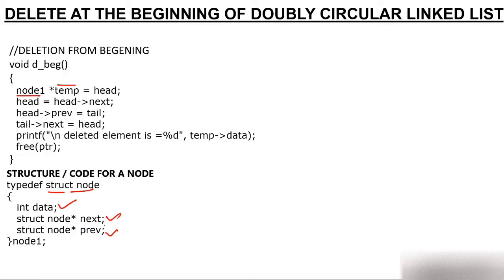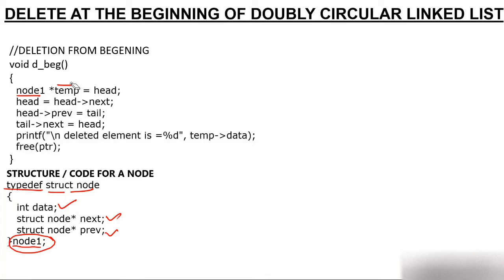Next will keep the address of the next node, previous will keep the address of the previous node. Then you created a variable of this structure and type defined it. Type defining means that I am making node 1 a representative of this entire structure. So instead of struct node, I'll use node 1. And if you want deeper knowledge of this, you can see my first video on create.